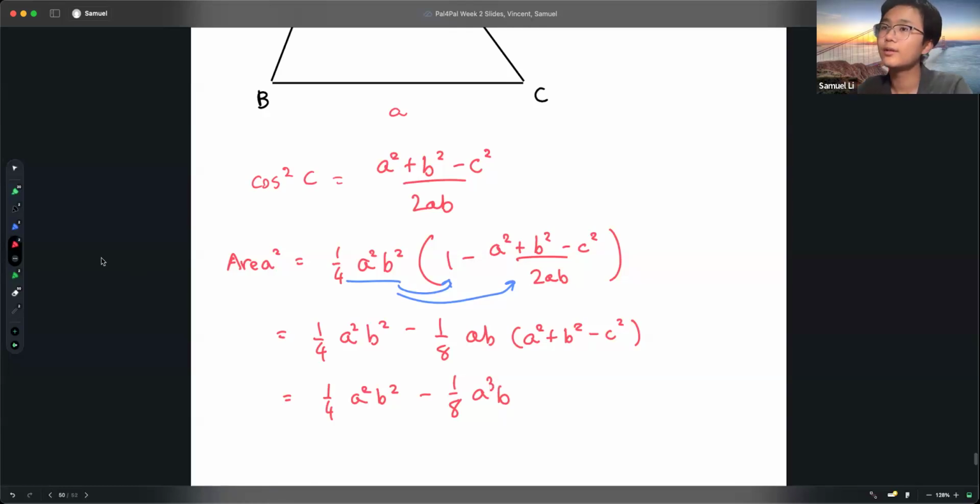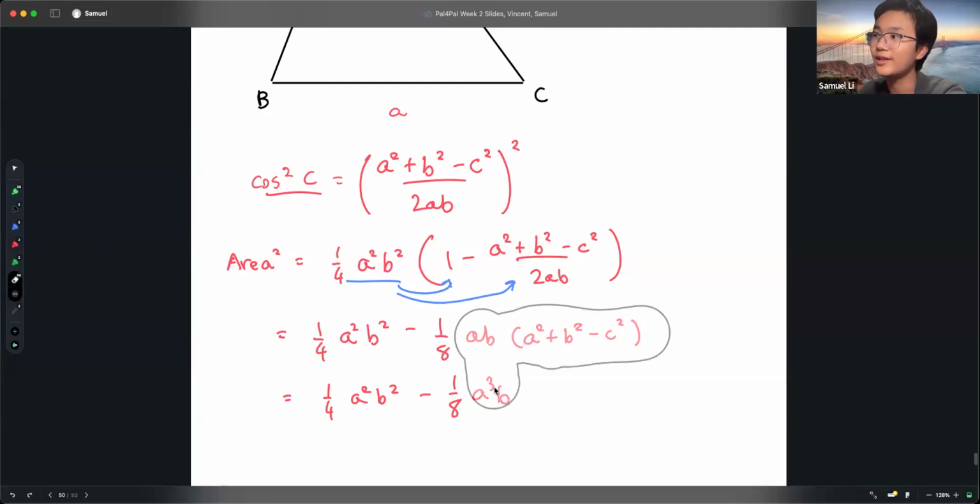Did I miss something? Oh, wait, yeah, I'm being dumb again. Cosine c is equal to the bottom expression in the inside. Cosine c squared is equal to this expression squared.